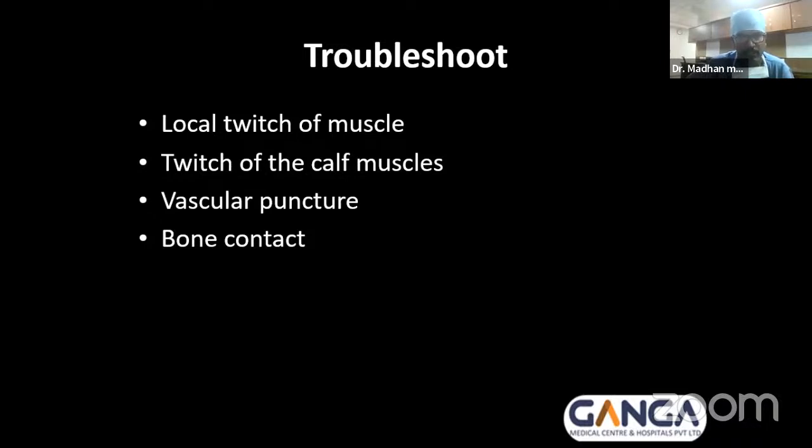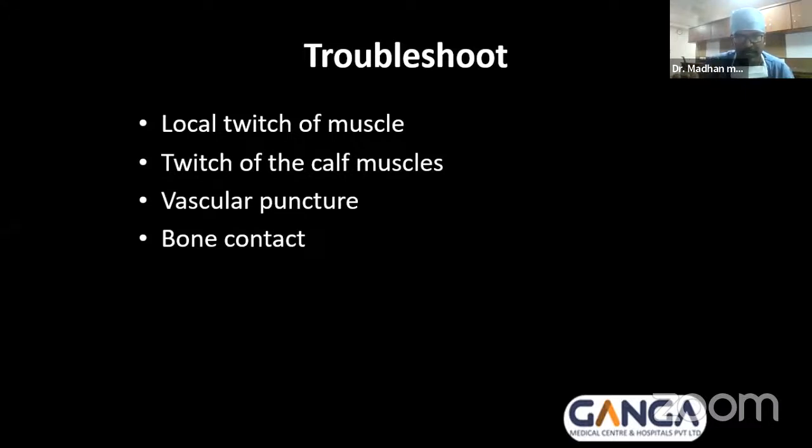Suppose you are getting a twitch of the calf muscles. This is because of the smaller muscular branches arising from the sciatic nerve to the gastrocnemius and the calf muscles. These small muscular branches lie outside the paraneural sheath. So if you are getting these responses, disregard them and push your needle further to pierce the paraneural sheath.